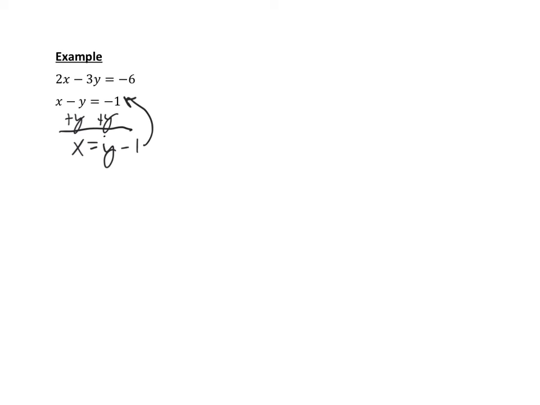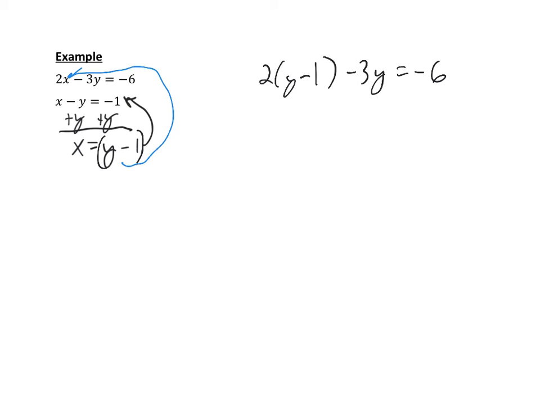So if x equals y minus 1, I'm actually going to take y minus 1, and come all the way back here and plug it in for that x. So 2 times (y minus 1) minus 3y equals negative 6.